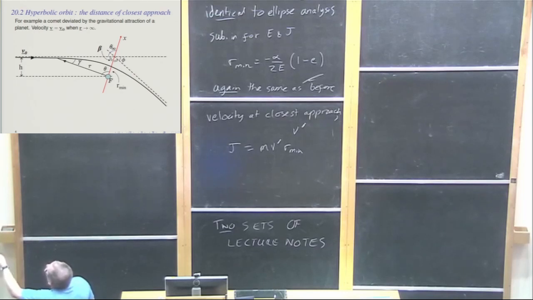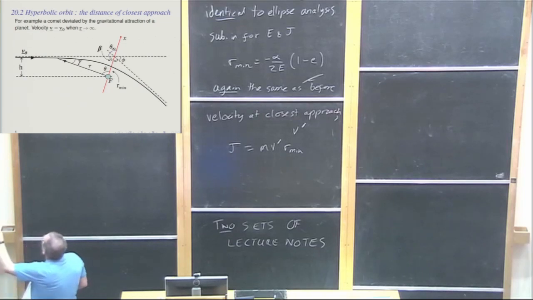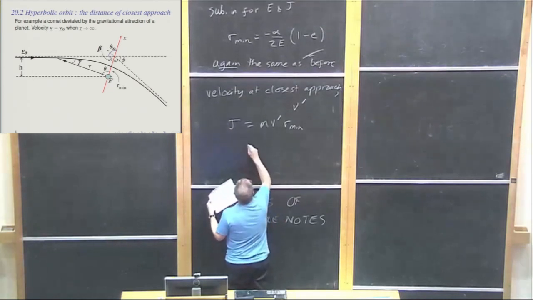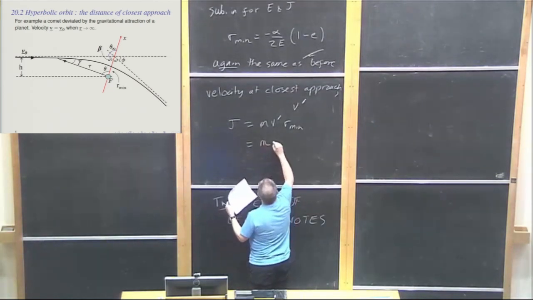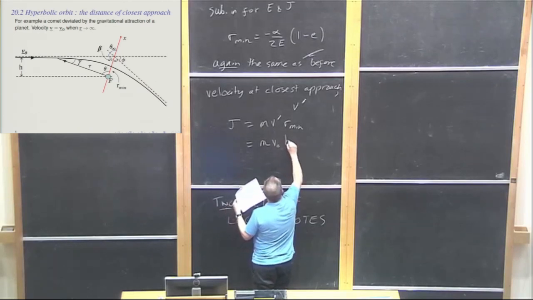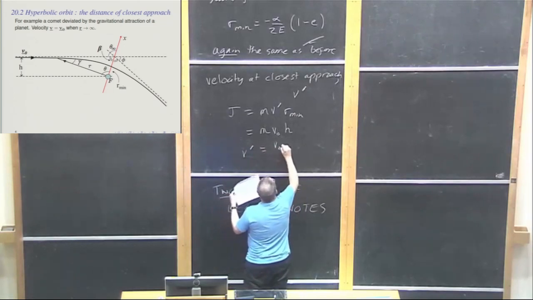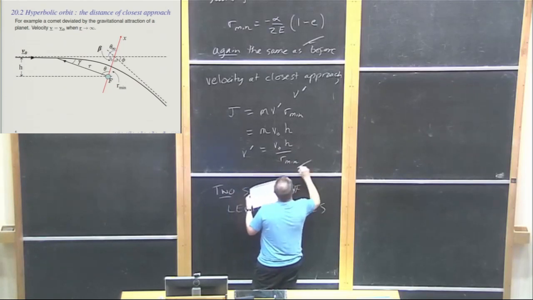As the comet is sweeping past this point, it's moving entirely tangentially. So to calculate the angular momentum, we need the cross product, but the angle here is 90 degrees, so it's just r min times this velocity v prime. This must be equal to the initial angular momentum, m v0 h, where h is the impact parameter. So v prime is v0 h over r min.